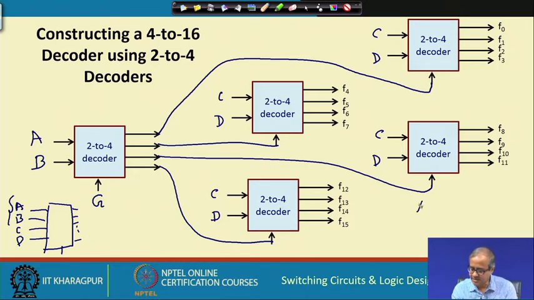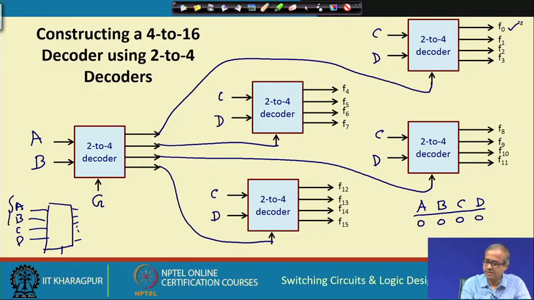As I said, A, B, C, D are the 4 select lines. Let us take some examples. Suppose I have applied 0, 0, 0 and 0. Under this condition F 0 is supposed to get selected, that means F 0 should be 1, all others should be 0. Let us see how it works. Since A B is 0 0, for the first decoder this one only will be 1, all others will be zeros, or the reverse.